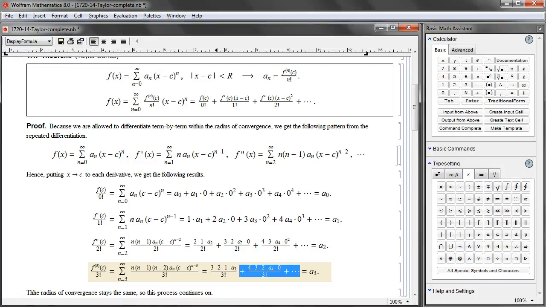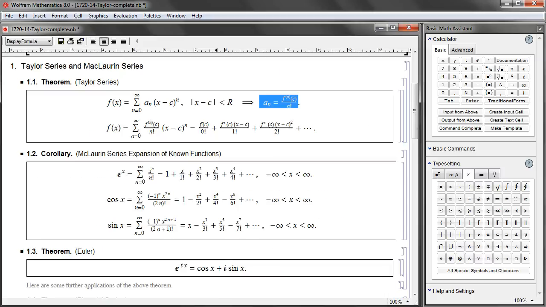We have 3 times 2 times 1 over 3 factorial times a3. We have a3. And the pattern continues, and you can easily see that this identity over here is true. If you want really precise proof, you can use mathematical induction to complete the proof.